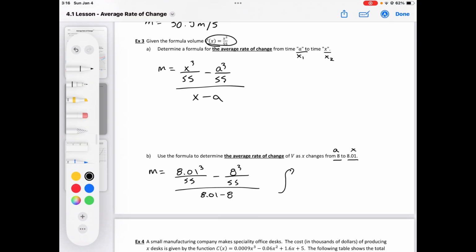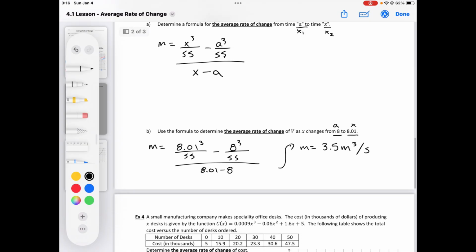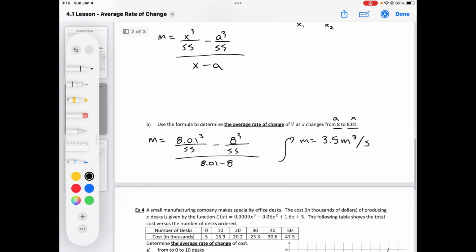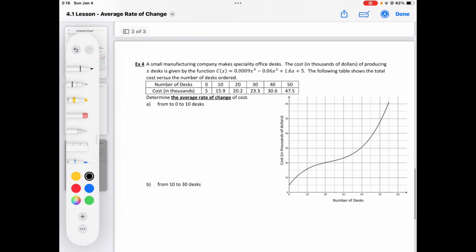I can use my calculator to simplify this to get a decimal. I would get 3.5 meters cubed per second, which tells me how quickly the volume is changing per second between those time intervals. Our last one is going to combine a table and a graph.